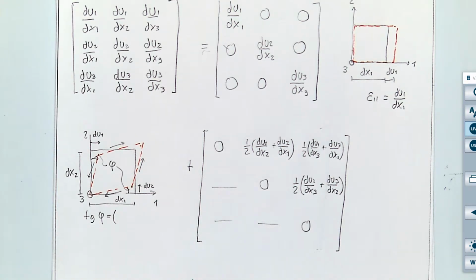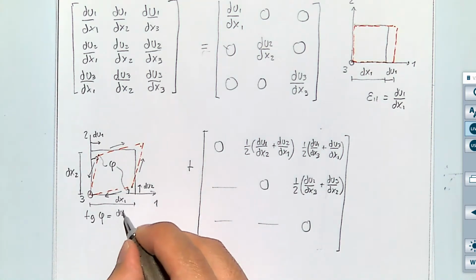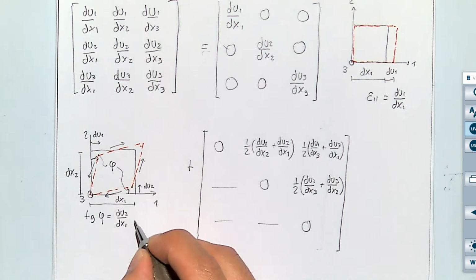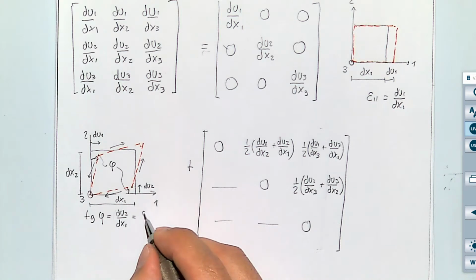So utilizing those lengths, what is going to be the tangent of the angle phi? Imagine this change of this angle is very small, okay? So du2 divided by dx1, and we're saying this angle is the same over there, so it's equal also to du1 over dx2, right?